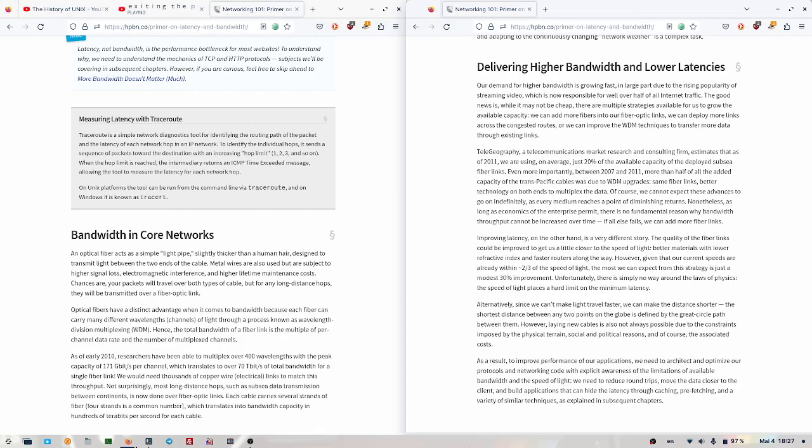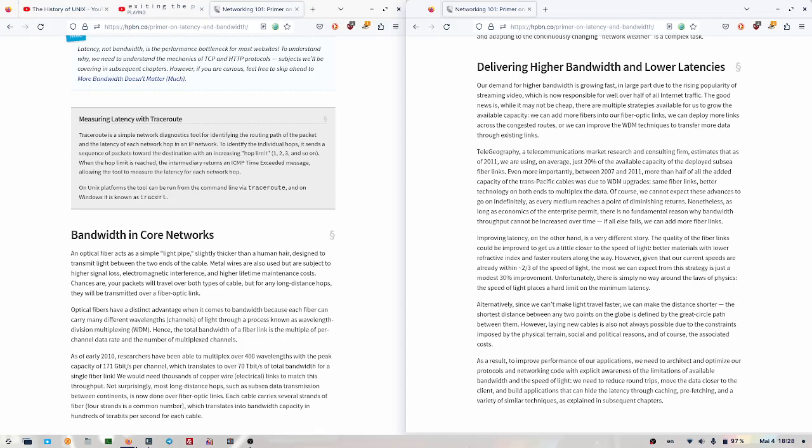TeleGeography, a telecommunications market research and consulting firm, estimates that as of 2011, we are using, on average, just 20% of the available capacity of the deployed subsea fiber links. Even more importantly, between 2007 and 2011, more than half of all the added capacity of the Trans-Pacific cables was due to WDM upgrades.